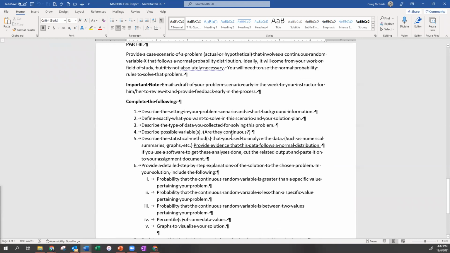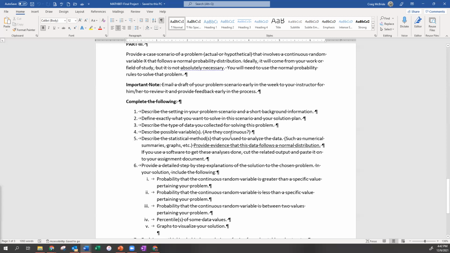Okay, so section 3 is basically your opportunity to do a dry run, a rough draft of your dissertation. The idea is to discuss some aspect of your dissertation that involves a variable.